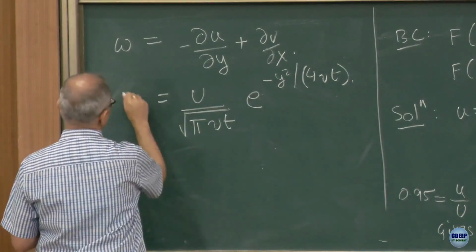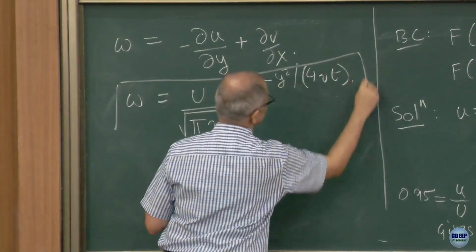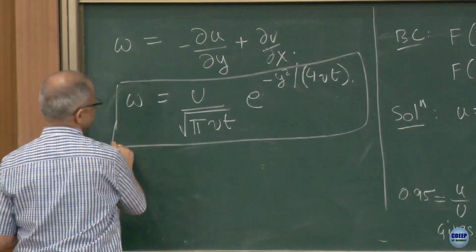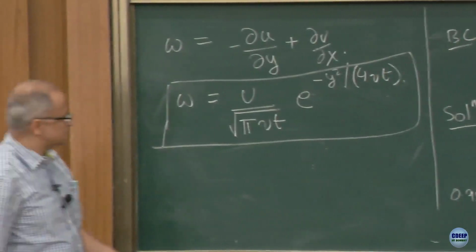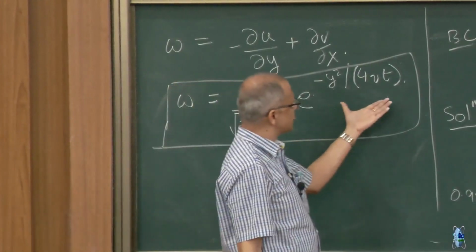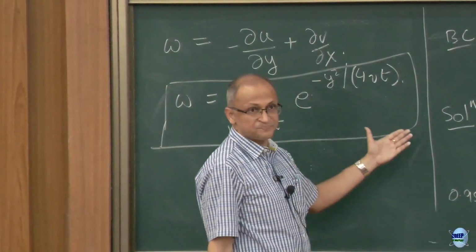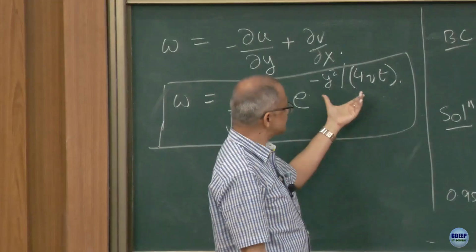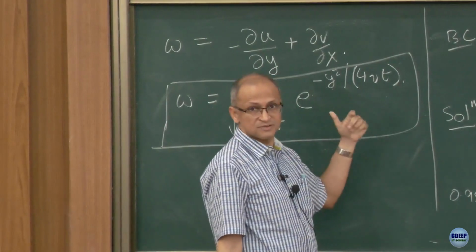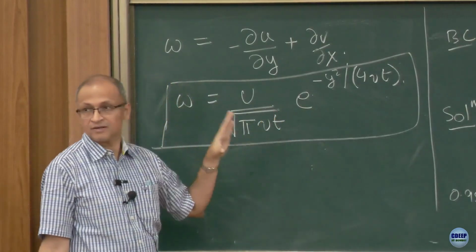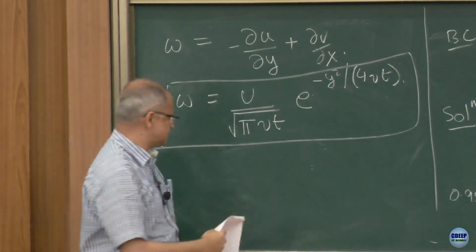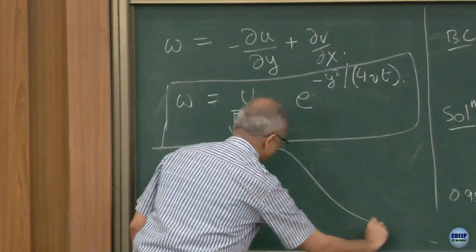So this is my omega, which is what I will get now. Now if I look at this function, what does it tell me? If I look at the width of the function, first of all, where is this function centered? This is my Gaussian function.